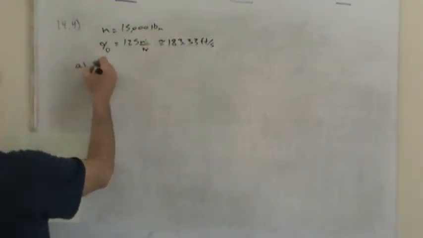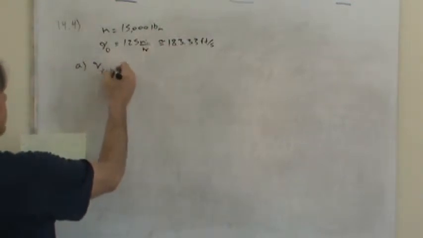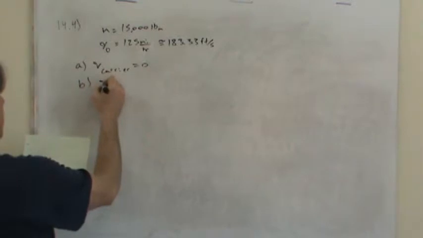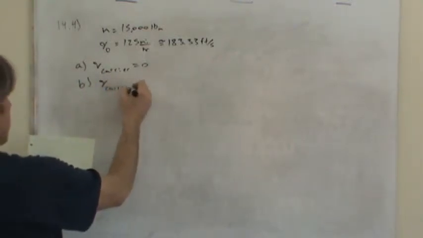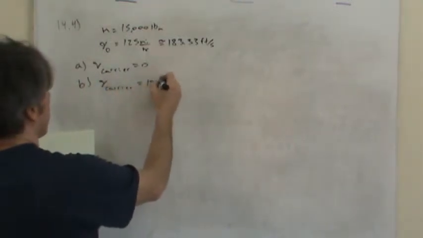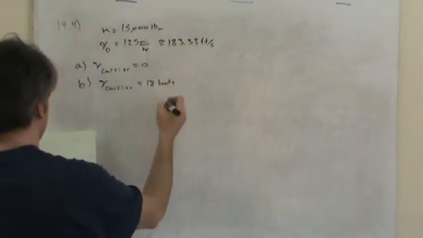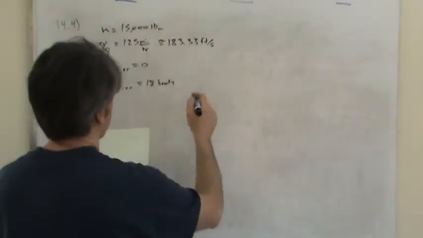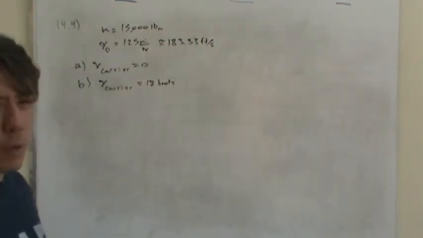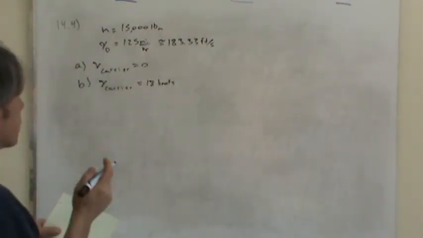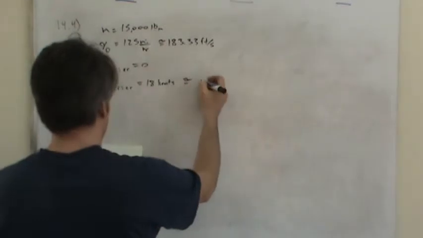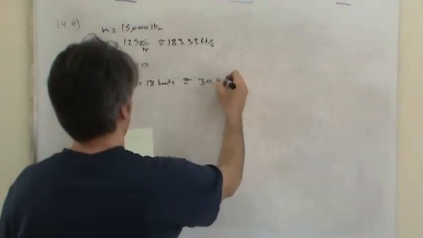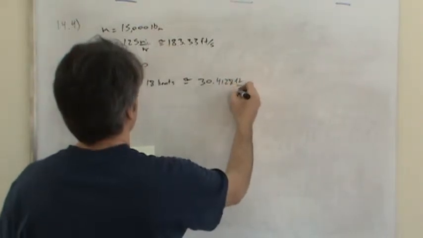For part A, the velocity of the carrier is 0, but for part B, the velocity of the carrier is 18 knots. Now, converting the 18 knots to feet per second is just one more step. You just need to convert the knots to miles per hour. That conversion factor should be in your book as well, and I won't belabor the point. You come out with, or you should, 30.4128 feet per second.